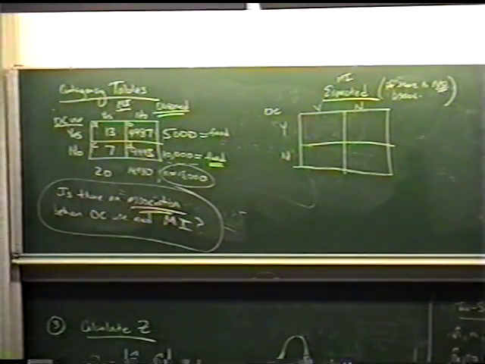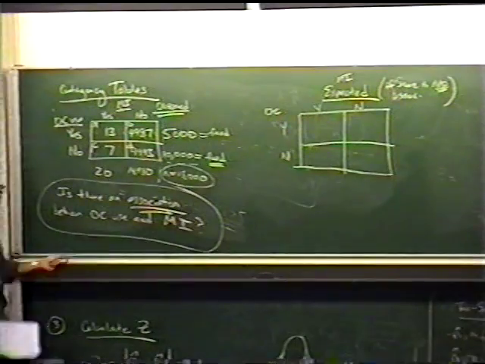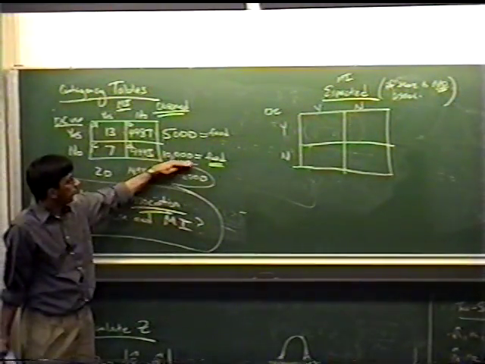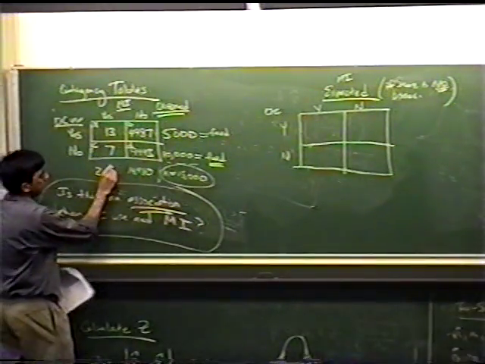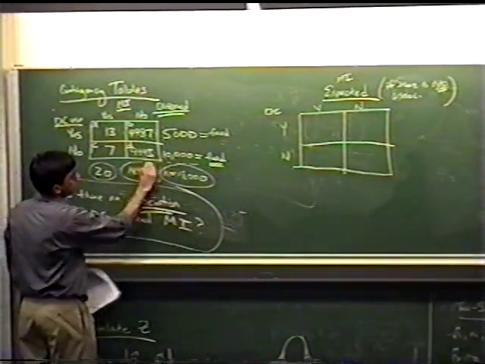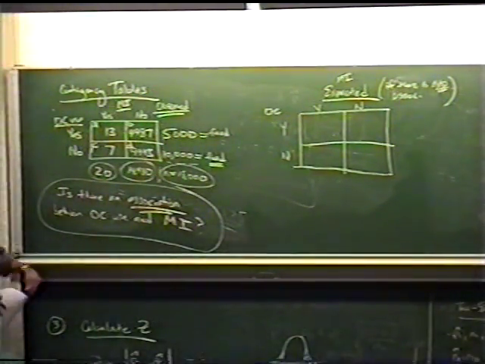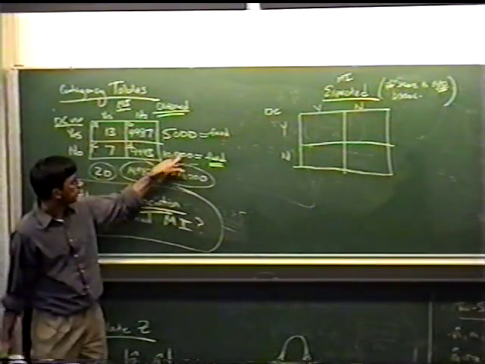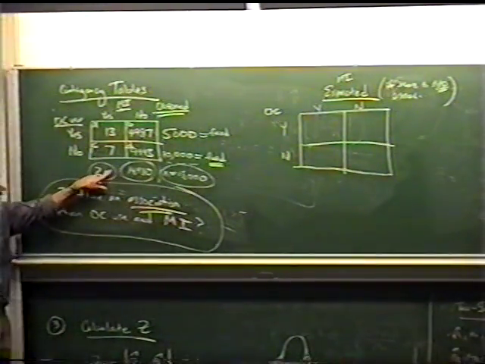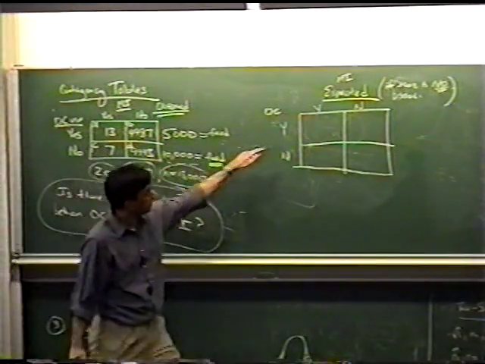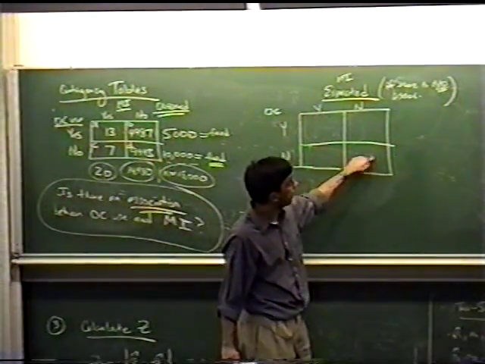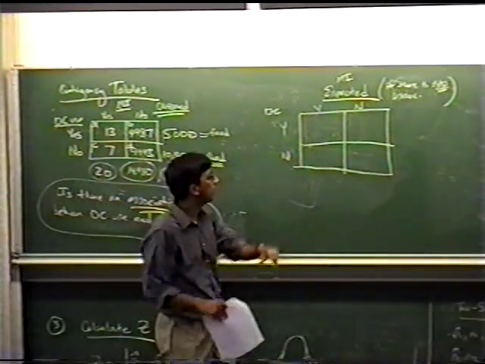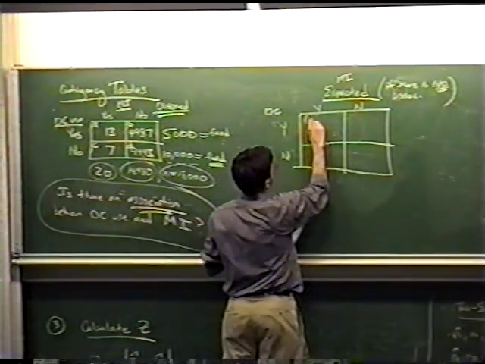Well, how do we calculate that out? It's all based on these fixed values here, as well as these total values here. So, based on these outer numbers, you can predict the expectation values of each box, assuming that there's no association. I'm going to quickly put those numbers down.